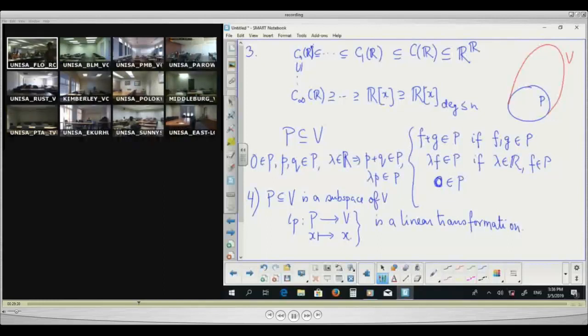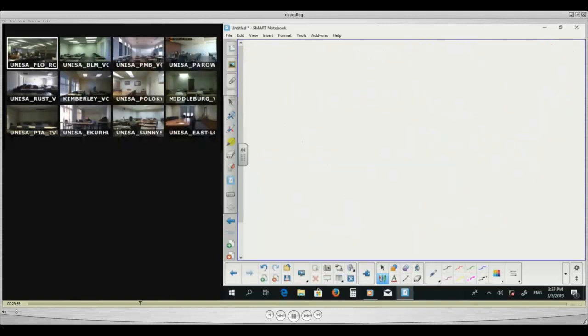Let's carry on this analogy. Over here we have subsets, over here we have subspaces. Now, there are a few questions. The smallest subset.